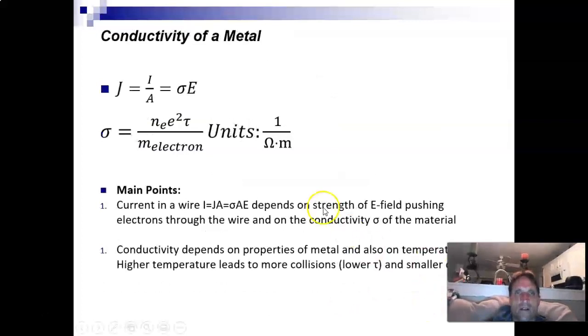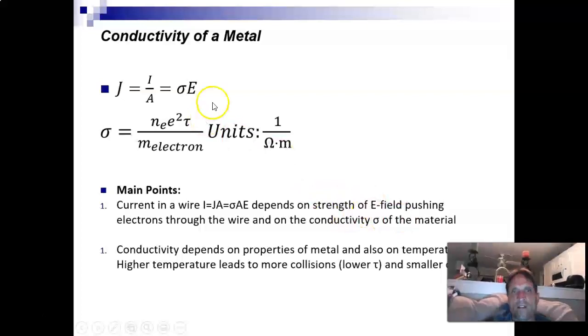So the main point here is that the current in the wire depends only on the electric field strength and on the properties of the metal, how good of a conductor it is. One thing that we haven't discussed is that the conductivity, in addition to the properties of the metal, depends on temperature.